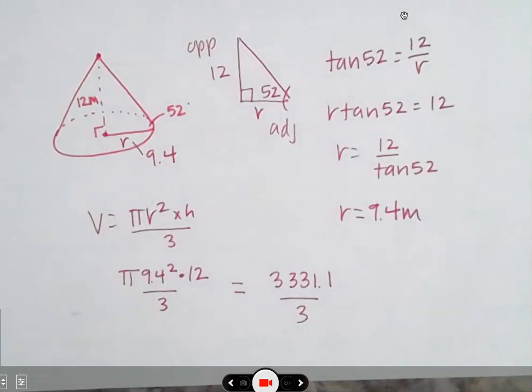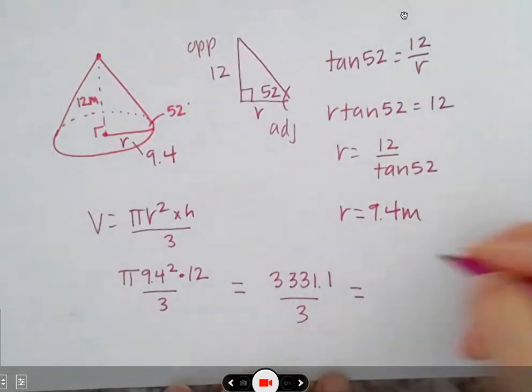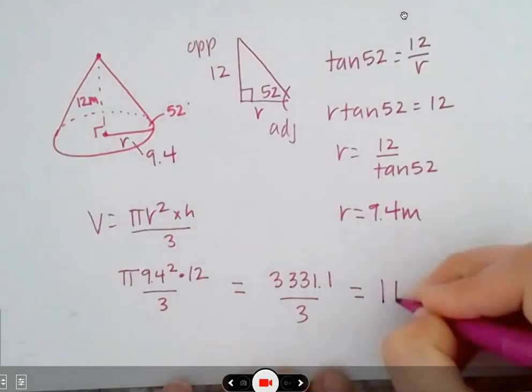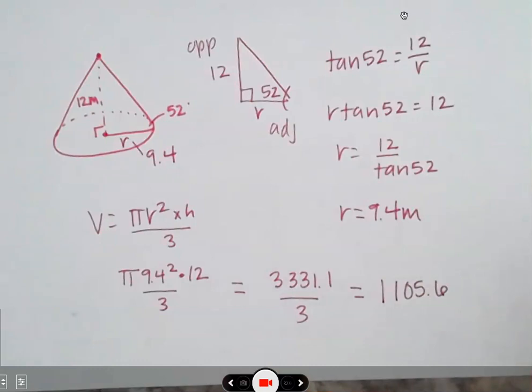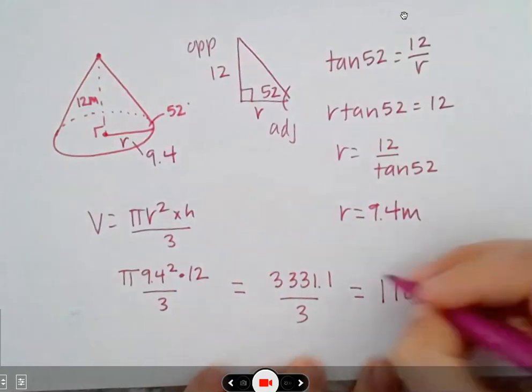Now if we divide this by 3, we find that we have a volume of 1,105.6-ish. Depending on how you round, it's up to you, or if you use 3.14 or pi. What is our units though? Oh, meters cubed.